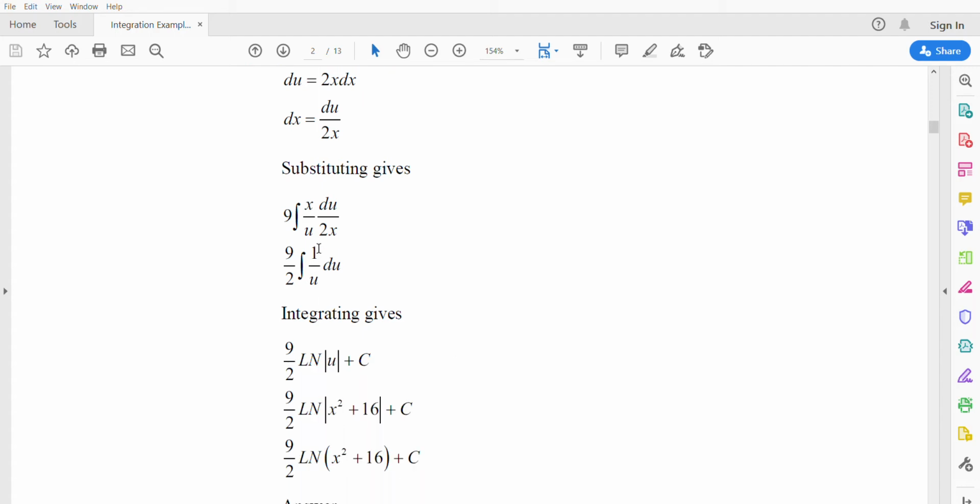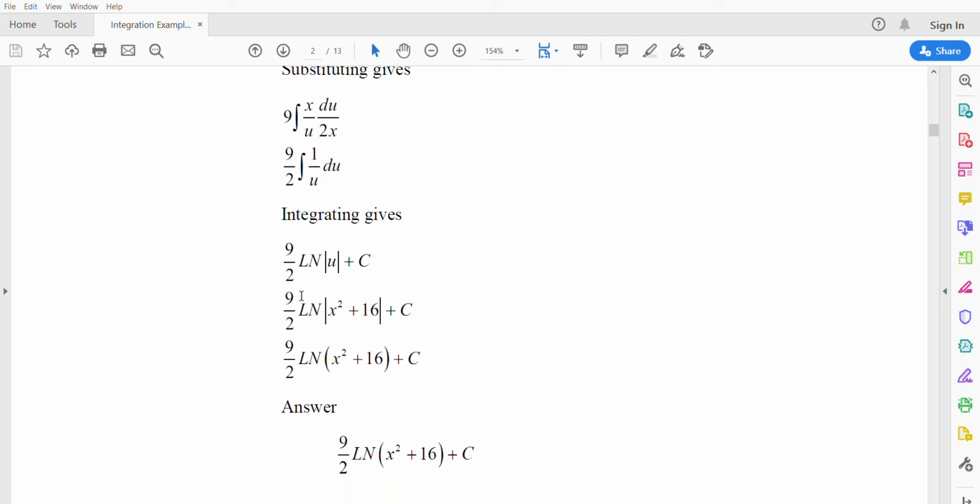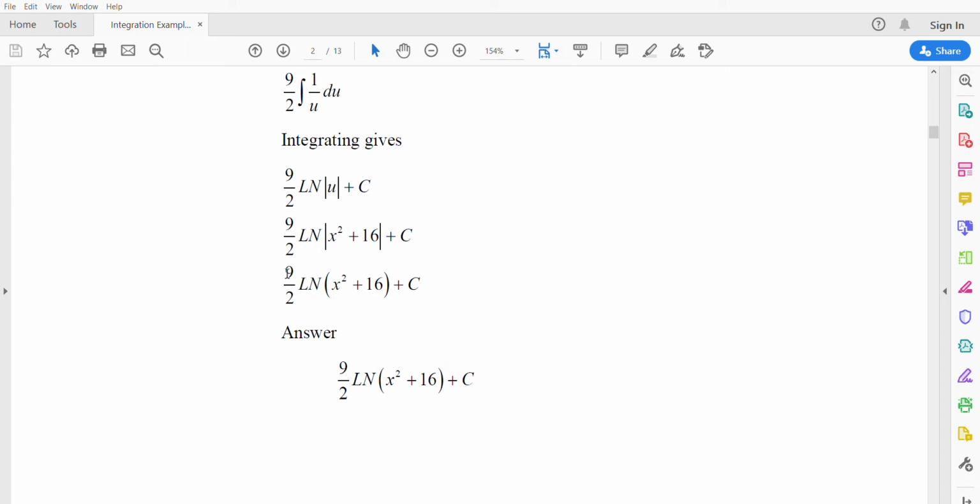Integrating this, well, the integral of 1 over u is going to be the natural log. So we have 9/2 times the natural log of the absolute value of u plus a constant. And then u was x squared plus 16. So I have 9/2 times the natural log of x squared plus 16 inside of absolute values plus c.